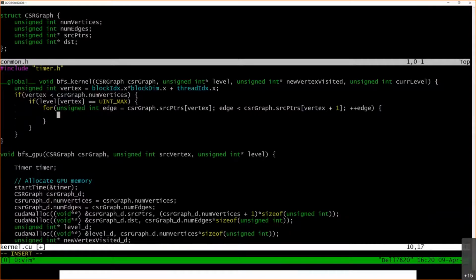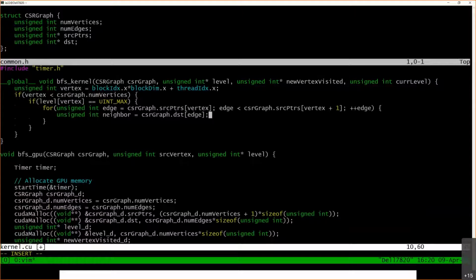And then for each edge, I'm going to find the neighbor at the destination of that edge. So I'm going to write unsigned int neighbor is equal to csrGraph.destination[edge].